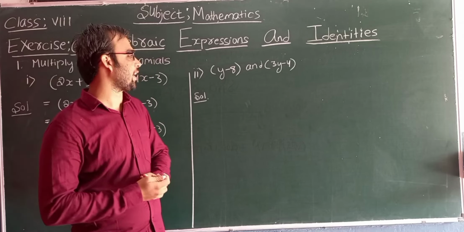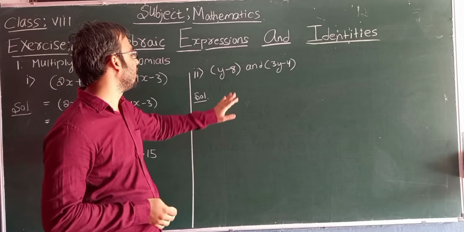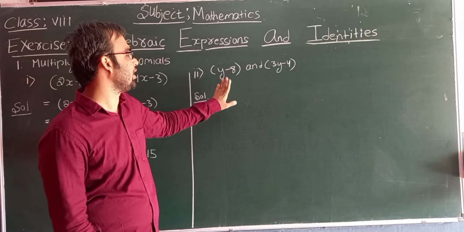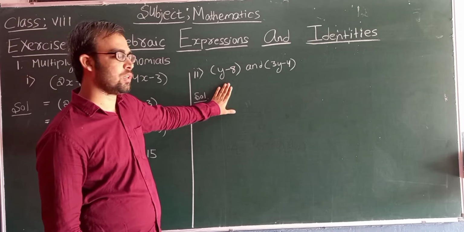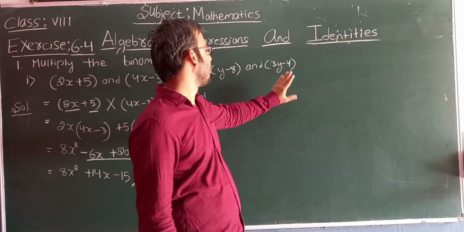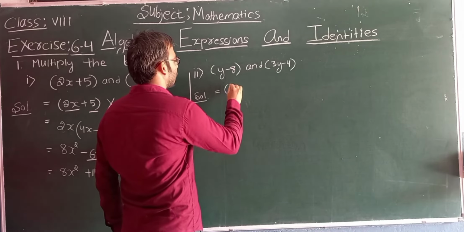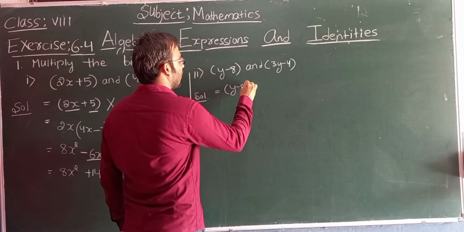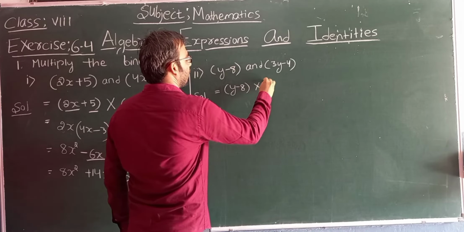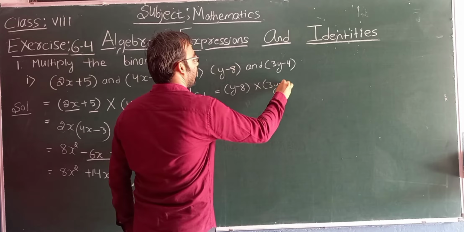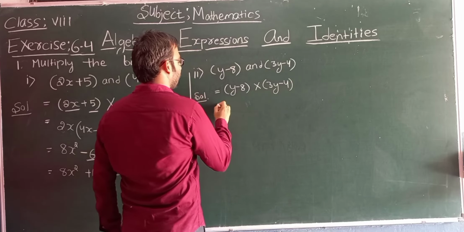Students, now let us solve the second question. Here also there are two binomials: y minus 8 is one binomial and 3y minus 4 is the other binomial. So write (y minus 8) into (3y minus 4).